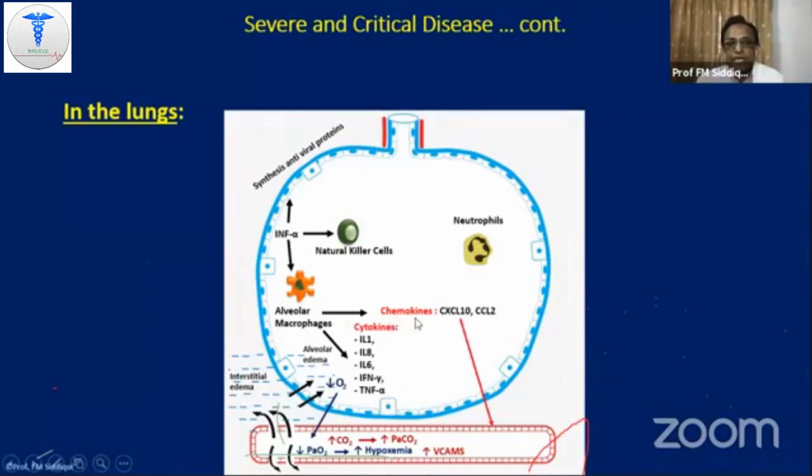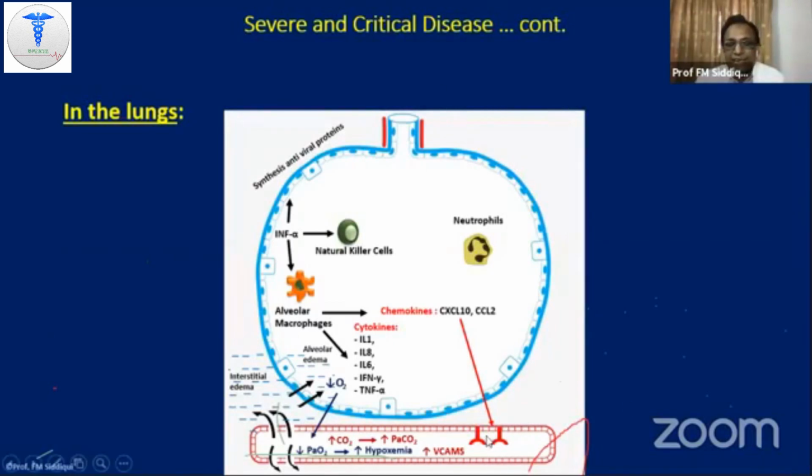Together with this, as I said, chemokines released by macrophages come to the alveolar capillary and cause the capillary endothelial cells to liberate an important molecule, called vascular cell adhesion molecule.